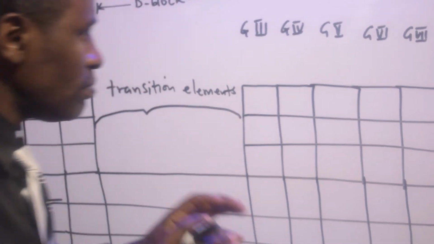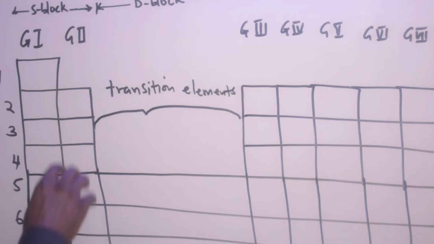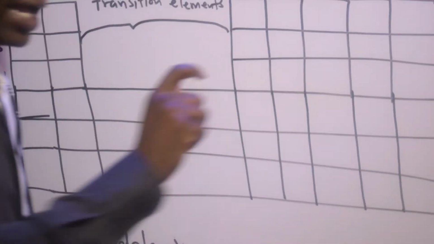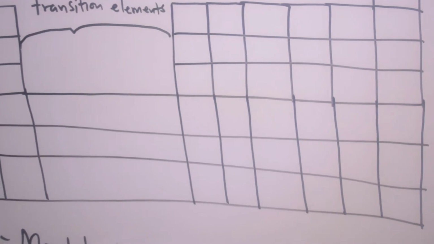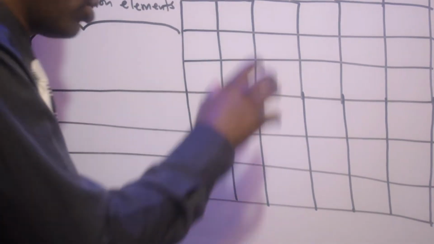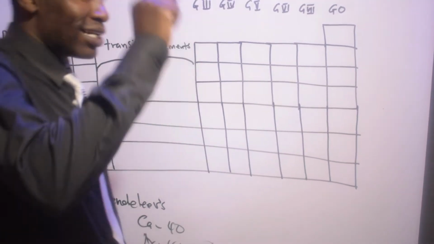Now, let me repeat again that how we place our elements in this periodic table is actually using the atomic numbers.